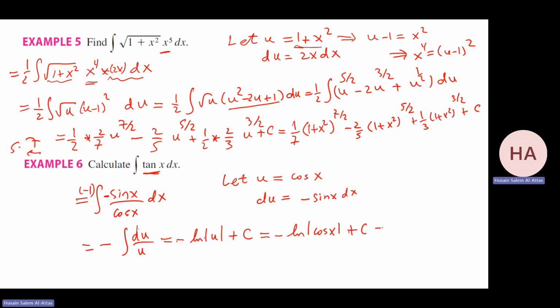And this minus 1 goes as a power. So that will be ln secant x plus c. Yeah, and actually you can check. What's the derivative of this? It will be secant, here you have secant tan, which gives me tan. So you can easily check it. So this is the answer. Sometimes you see it this way, sometimes you see it that way. As I said, that will be explained in 5.7.